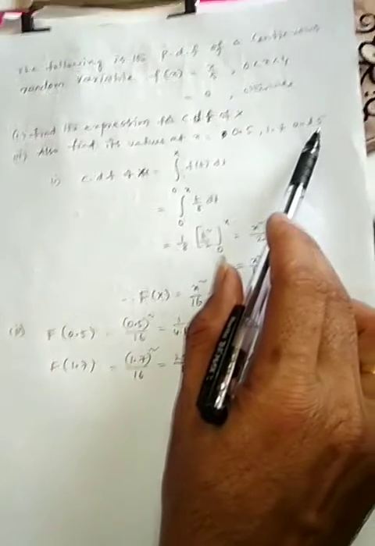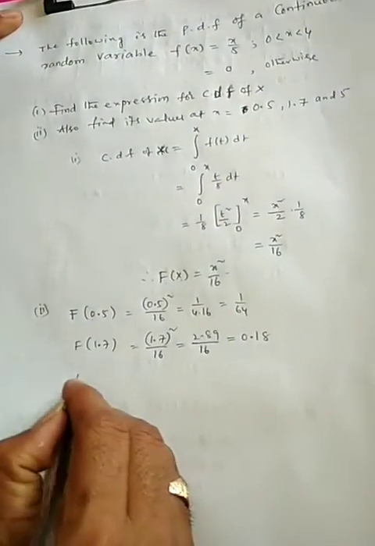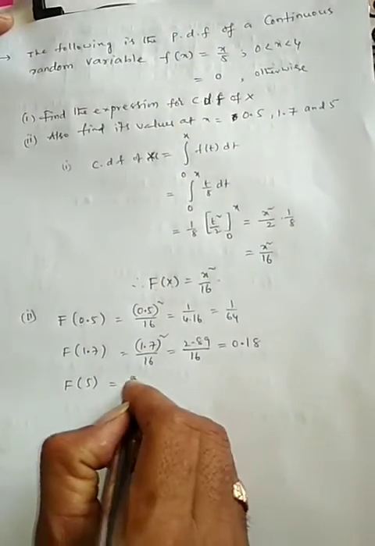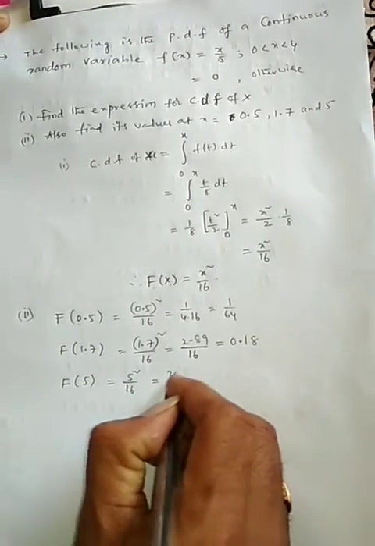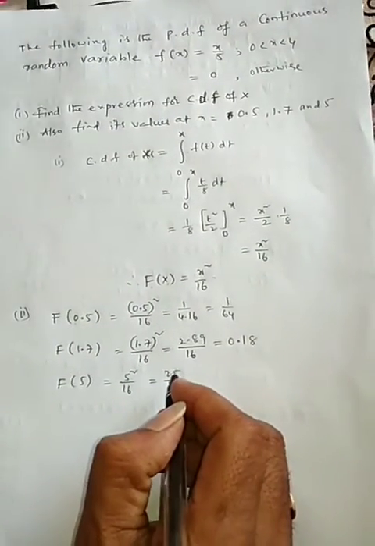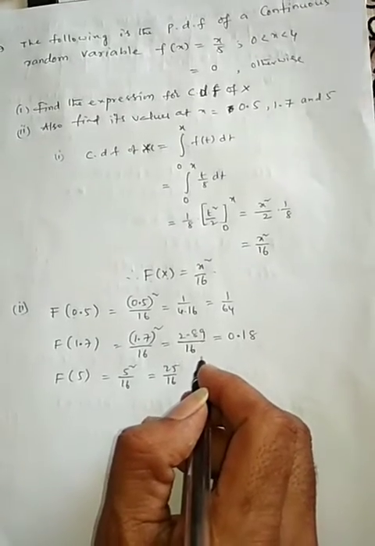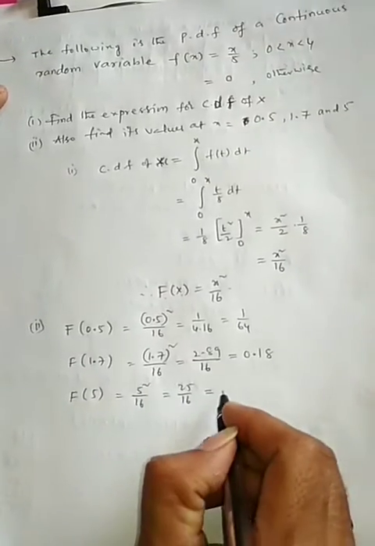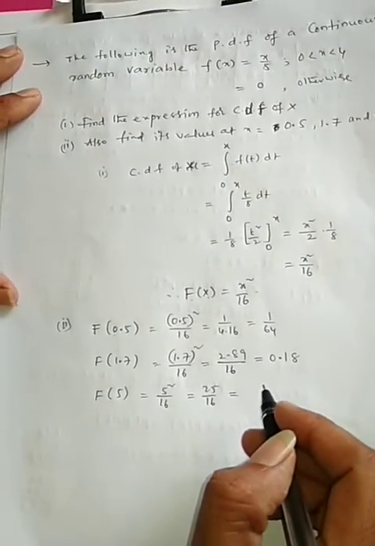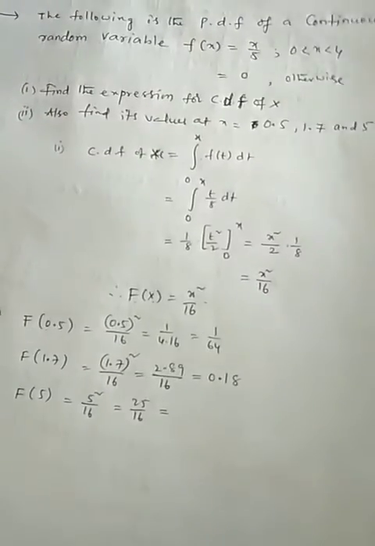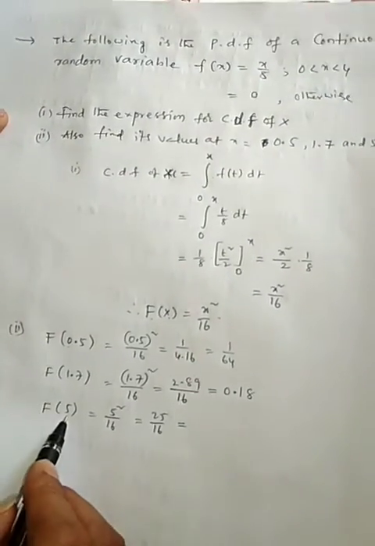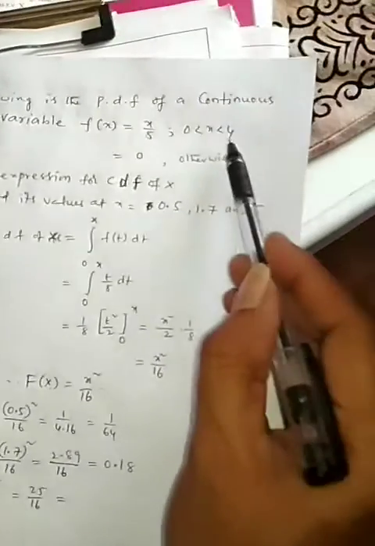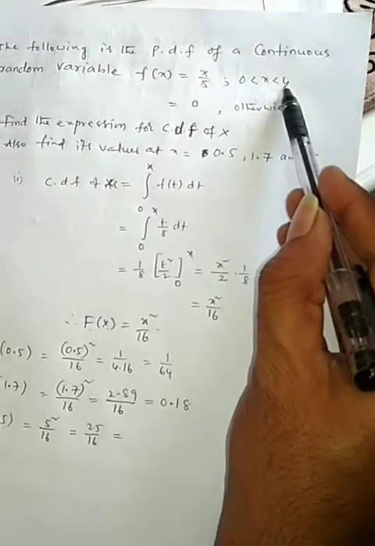And we also require F(5). So F(5) is equal to 5 square by 16, which is 25 by 16, a value of 1 point something. But here the x value required is 5, and from the question, observe clearly that the maximum value of x is 4 only.